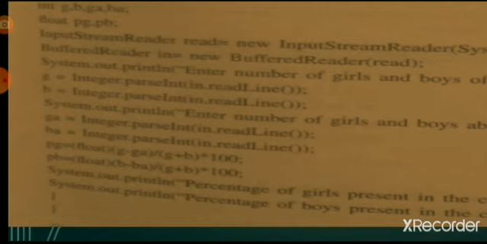Next, the formula is (G minus GA), that means the total number of girls minus the absent girls gives today's girls strength, divided by the total students, that means girls plus boys, multiplied by 100. This is the formula to calculate the percentage, and exactly we want to find today's girls strength, so we have to use G minus GA. And the same is for the boys.